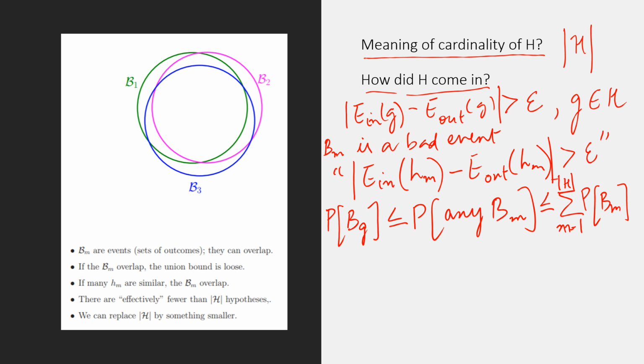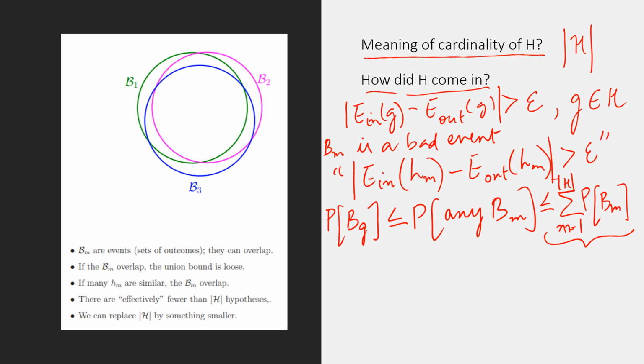Now, let's look at the picture here. Even before looking at the picture, if you just think about this expression, if all these events are strongly overlapping, then the union bound is very loose, right? This is what's shown in the picture on the left-hand side. In the picture, the areas covered by each hypothesis correspond to its probability.